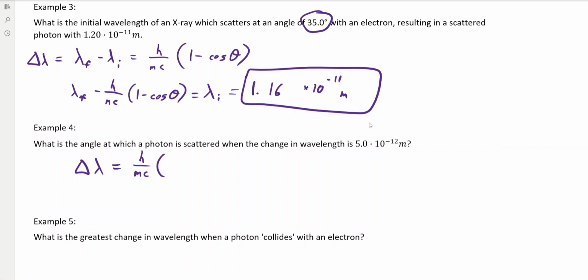So what we're going to do is start with this formula right here. At this point, we can move this over to the other side. So it's delta lambda over h over mc equals 1 minus cos theta.